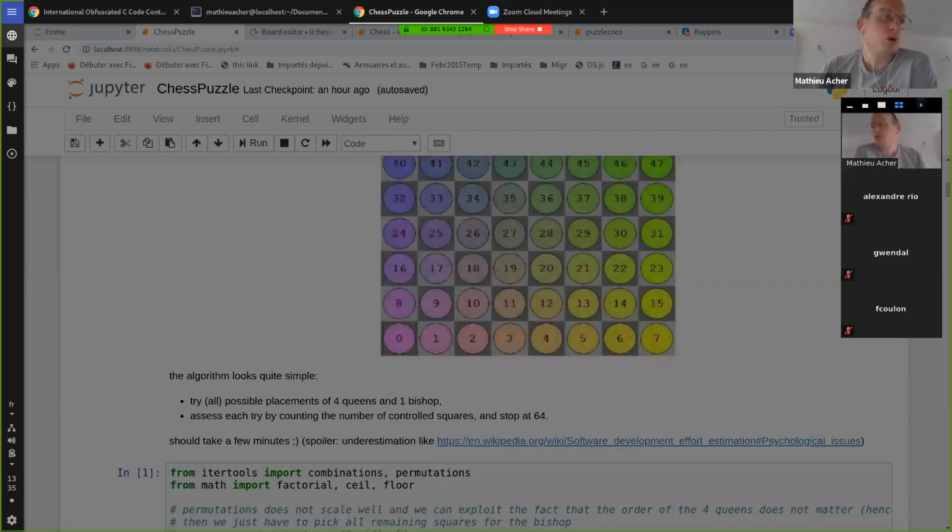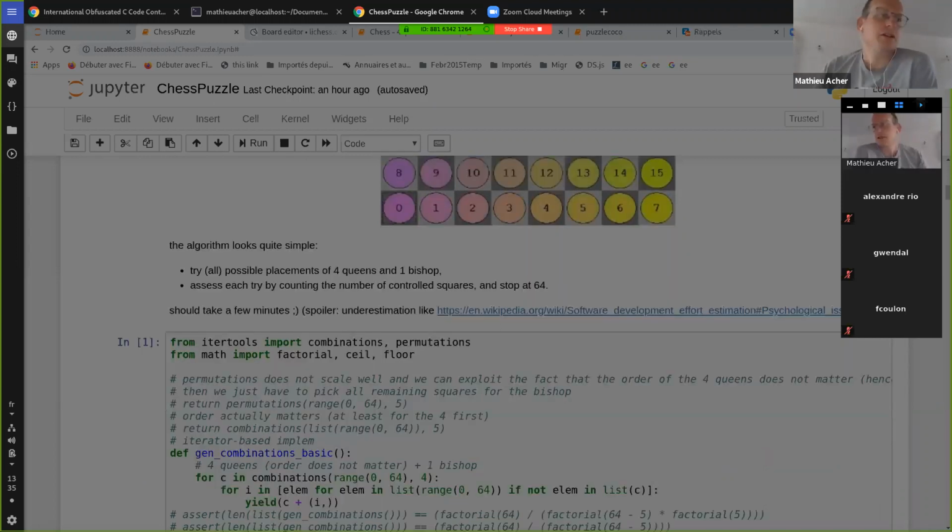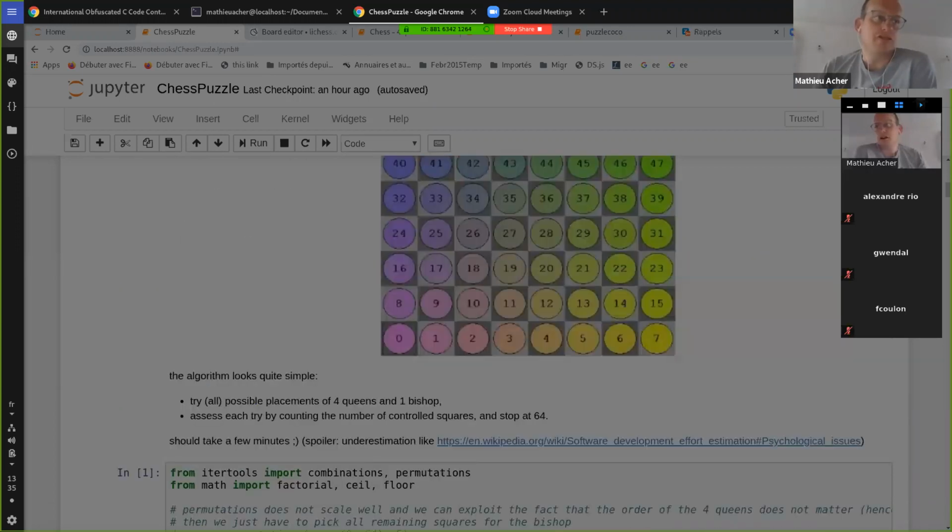You try all possible placements of 4 queens and 1 bishop, and then you assess each placement, and you hope that you reach 64. So for generating the combinations, you can generate 5 numbers, 4 numbers for placing the queens, and 1 number for placing the bishop.